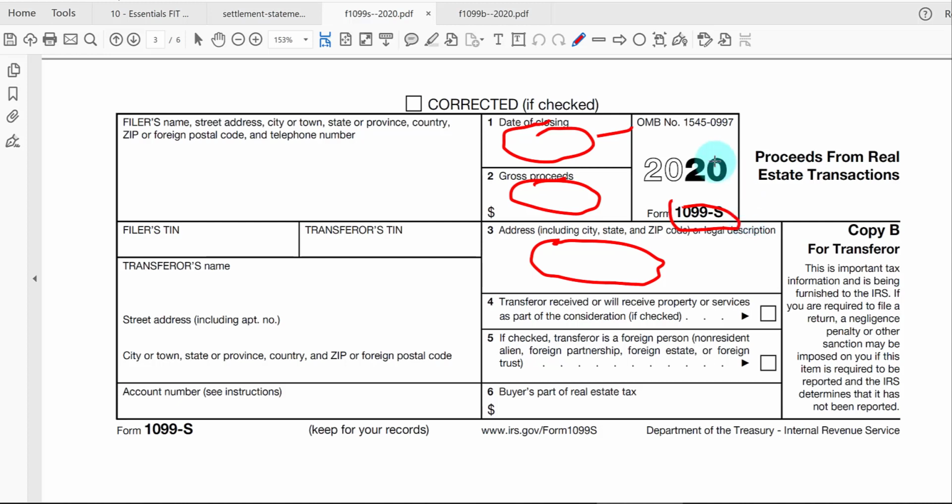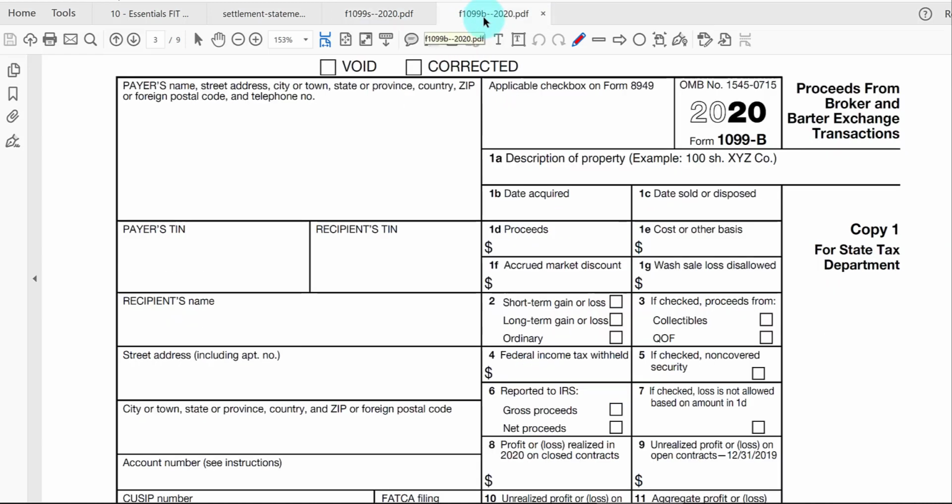Now, a common type of thing being sold, other property, is not the real estate that we just covered, but securities, stocks, bonds. And the broker where that sale is taking place has to generate a 1099-B, B for broker. So we already saw a 1099-INT for interest and a 1099-DIV for dividends.